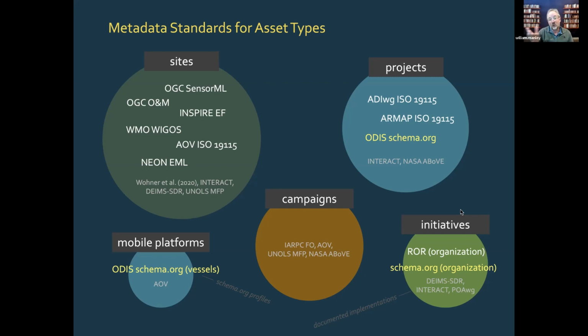And then for projects, Otis is taking on and doing a good job on the schema side of things for projects, as well as for vessels. More could be done for, say, buoys. And then for what we could call campaigns, there's a lot of interest there and not much conformity or convergence.